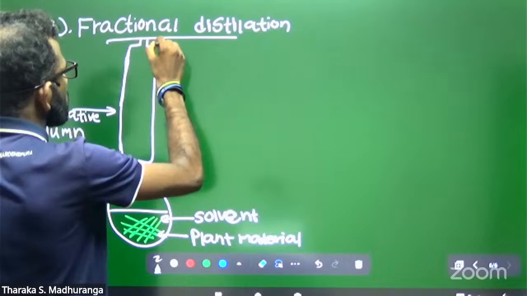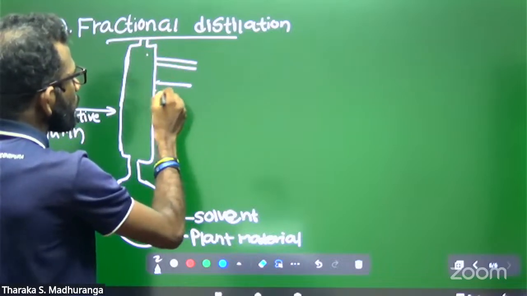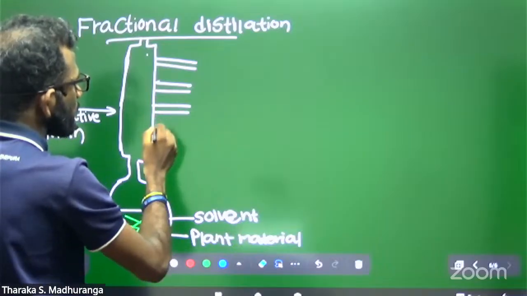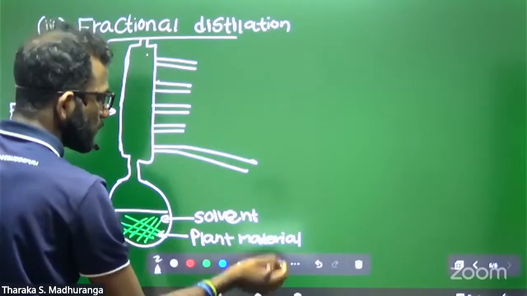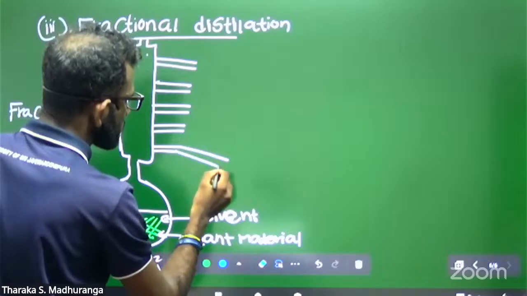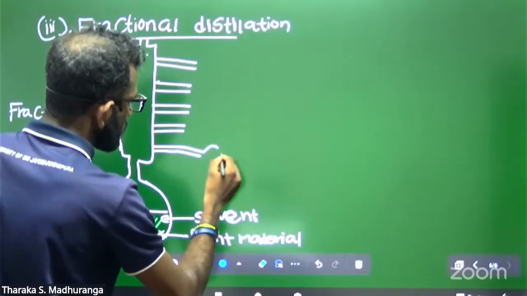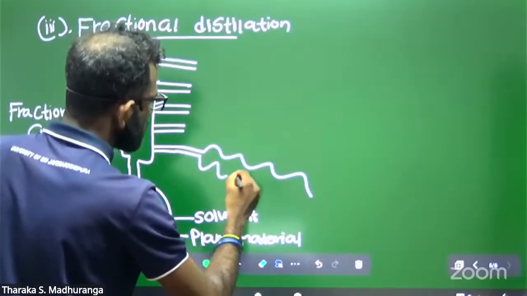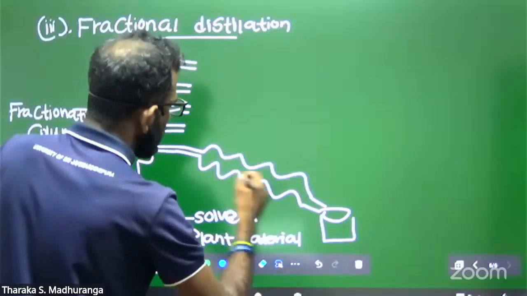Then after that, it can be open or closed. Then we can separate using several outputs, using condensers. You can use many condensers and you can separate more than one product.